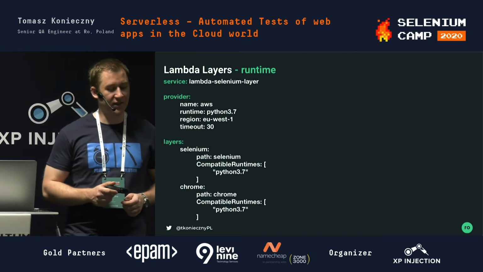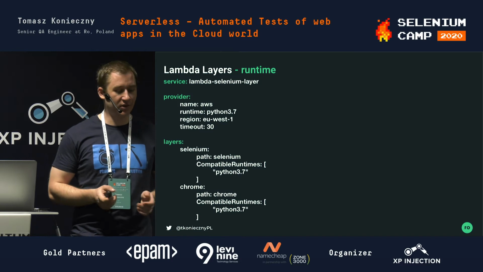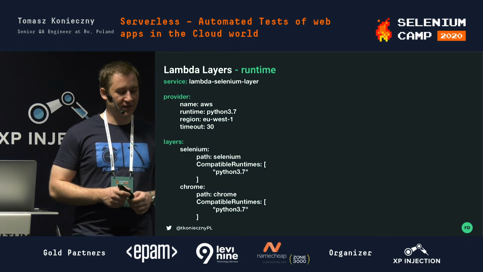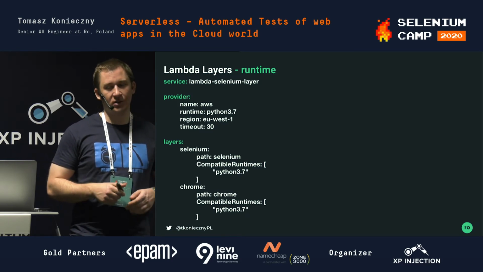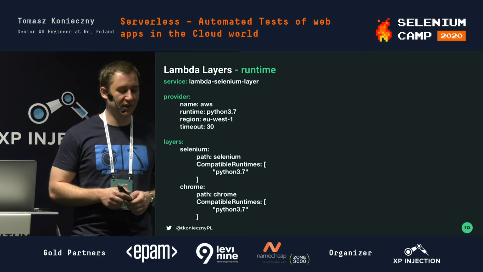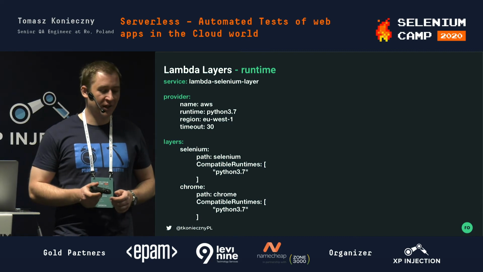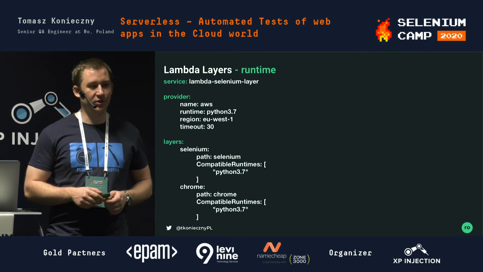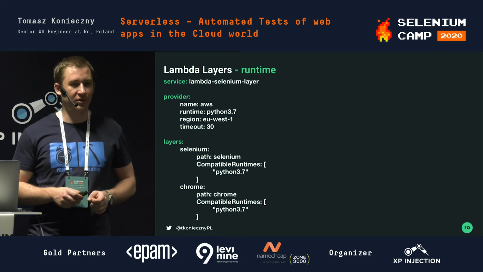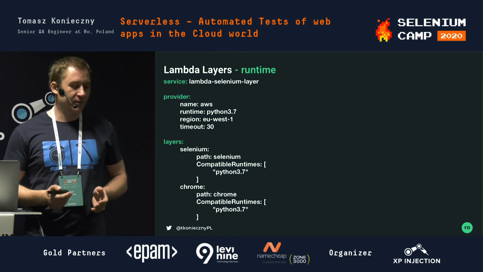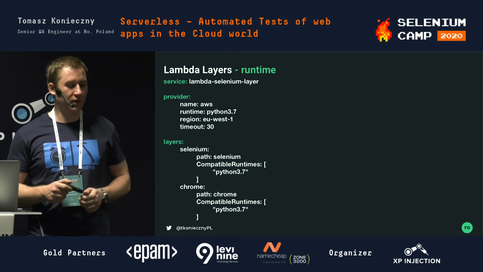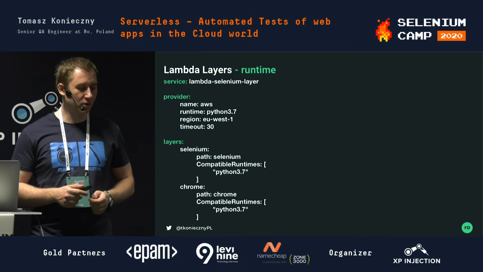We have a service here, so that's the name of our specific service, in this case Lambda Selenium layer, so all our layers that we need for our test to run. Provider, so in this case AWS, runtime that we will use in the case of Lambda, so Python 3.7. That's the Lambda type that we will use because we want to execute Python code.